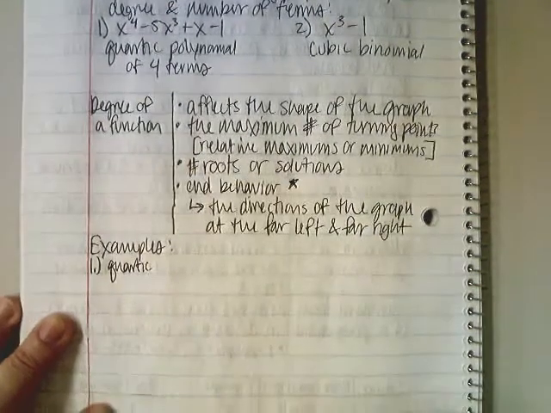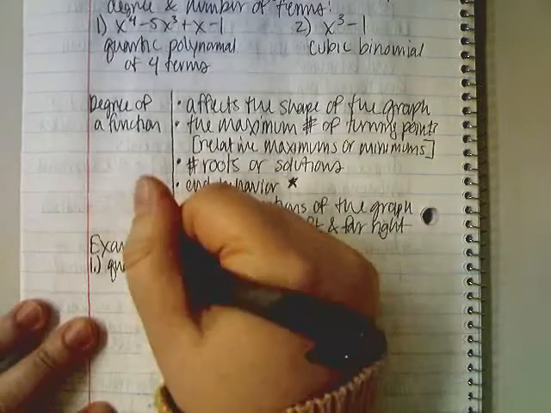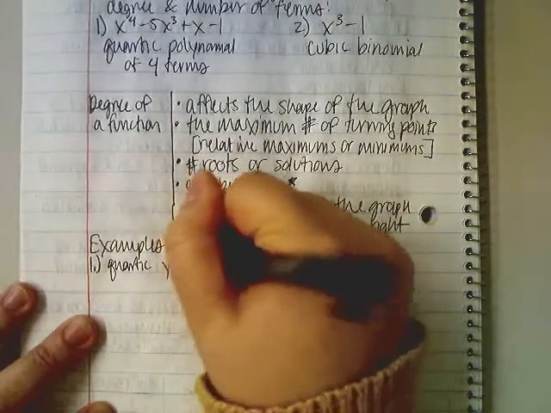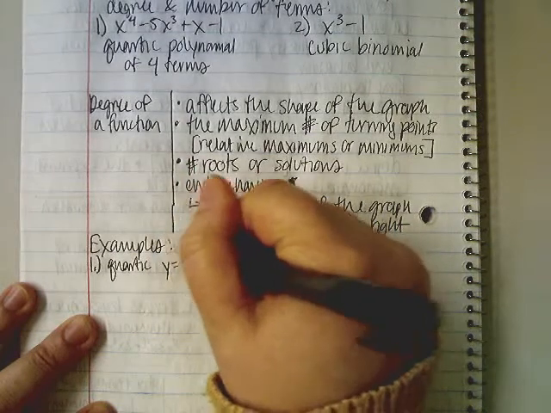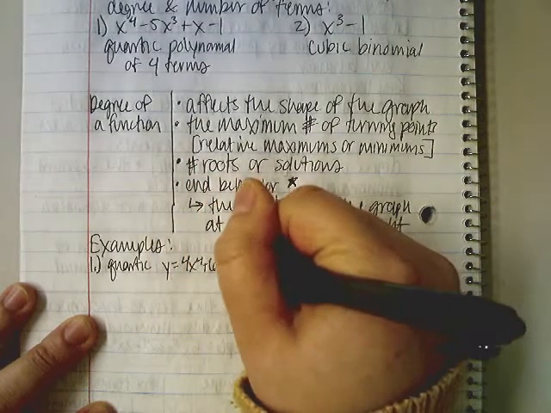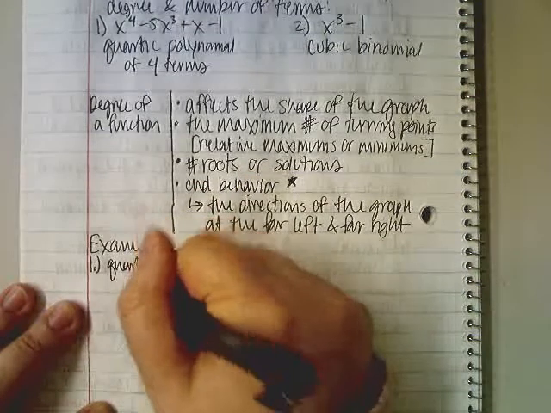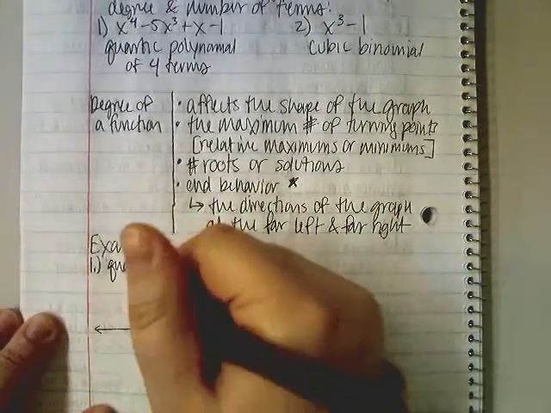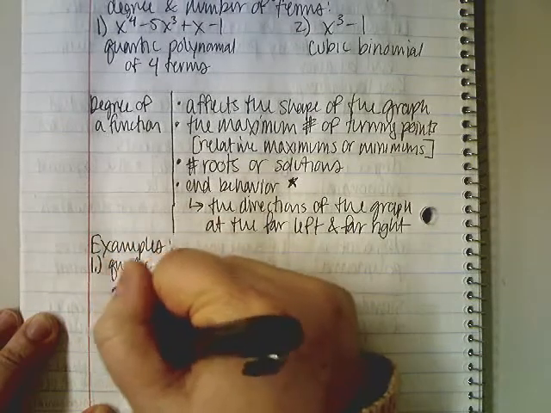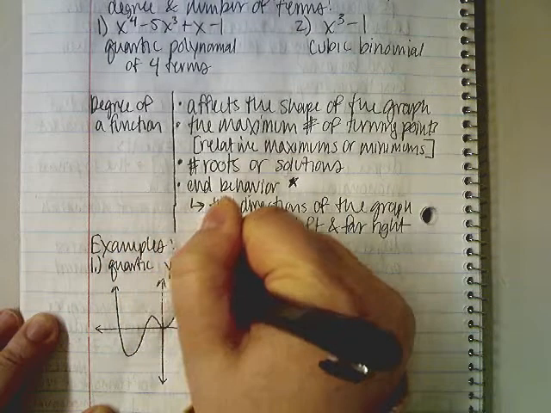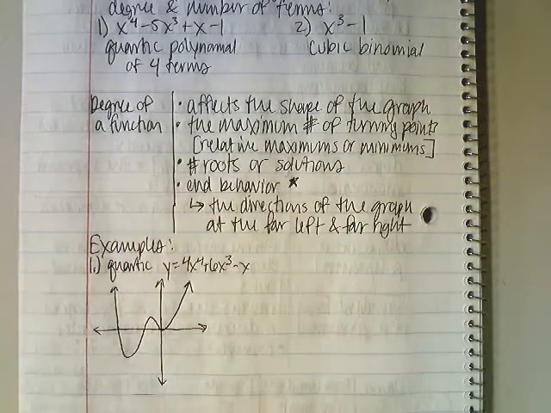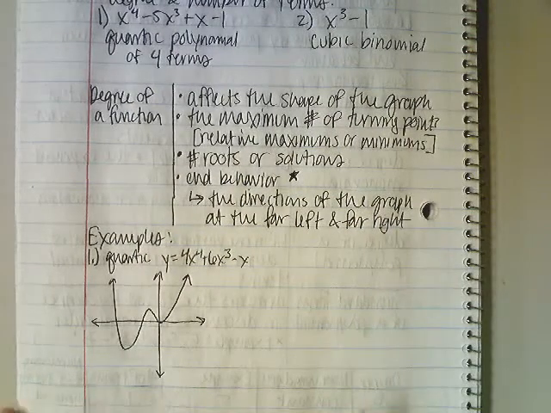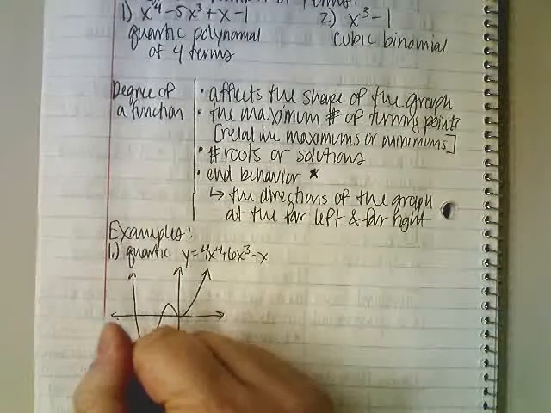And I'm not going to spend a lot of time graphing precise points, but it's going to be an approximate model of 4x to the 4th plus 6x cubed minus x. So if I have this graph, I'm not going to spend time with points, as I said, but it would look something like this. So this could be a quartic function, or function to the 4th power.